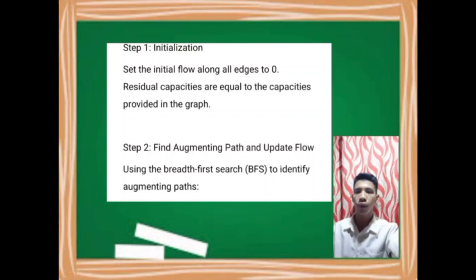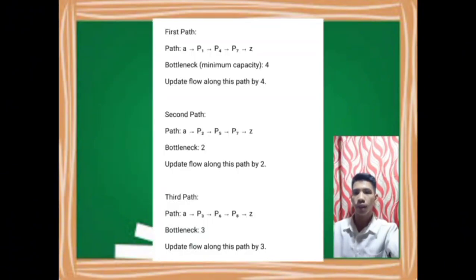Step 2, find augmenting paths and update flow, using breadth-first search (BFS) to identify augmenting paths. First path: A to 1 to 4 to 7, which is Z. Bottleneck, minimum capacity of 4, update flow along this path by 4.